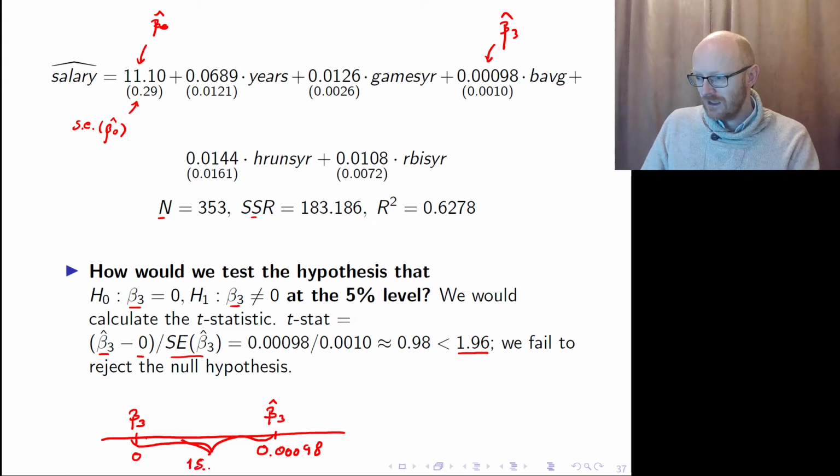One standard error, which means that this difference, 0.00098 divided by 0.0010, is 0.98 standard errors.